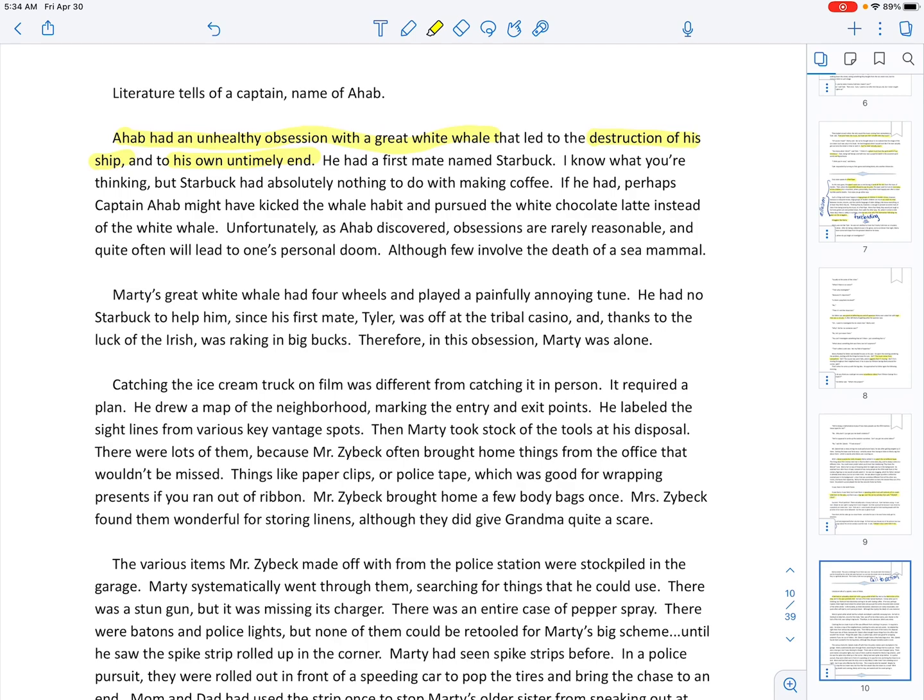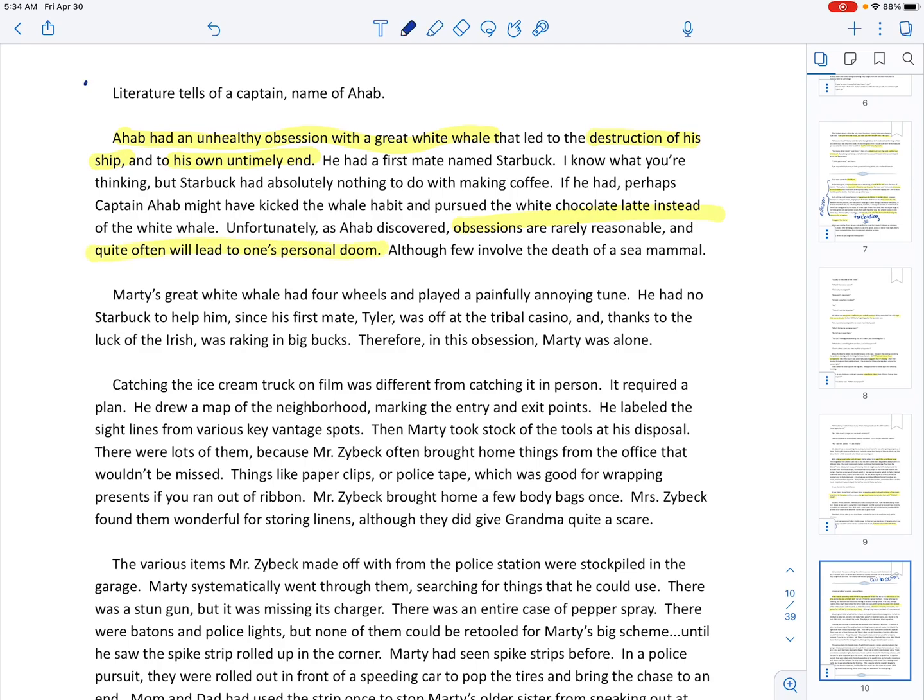I know what you're thinking, that Starbuck had absolutely nothing to do with making coffee. If he had, perhaps Captain Ahab might have kicked the white whale habit, and pursued the white chocolate latte instead of the white whale. But unfortunately, as Ahab discovered, obsessions are rarely reasonable and quite often will lead to someone's personal doom, although few involve the death of a sea mammal.